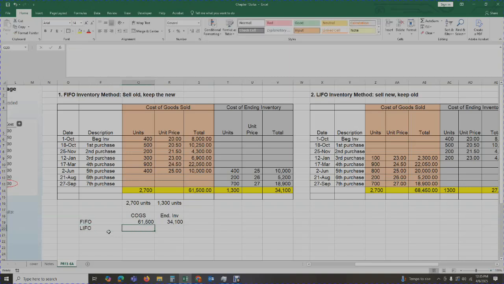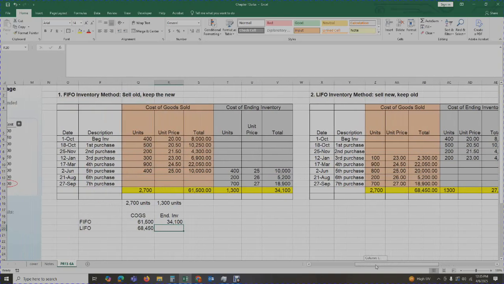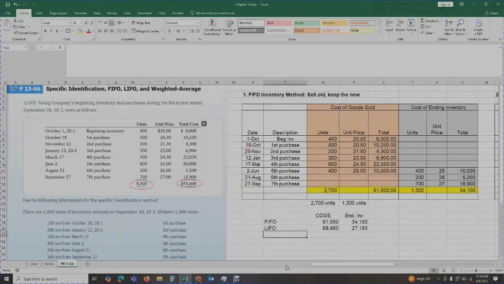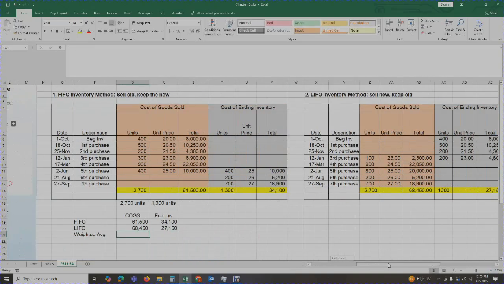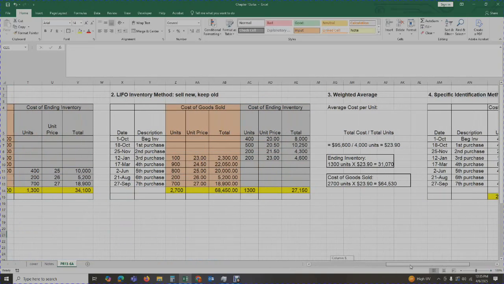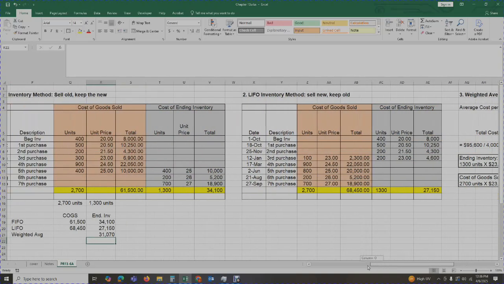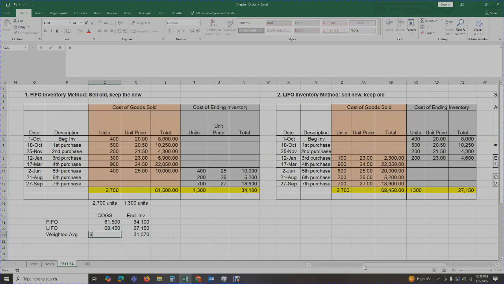For my LIFO, my cost of goods sold was $68,450. For my ending inventory, it was $27,150. For my weighted average method, my ending inventory was $31,700, and my cost of goods sold was $64,530.